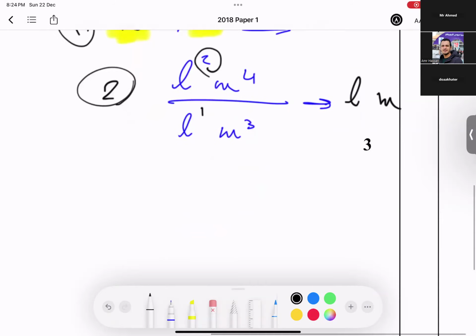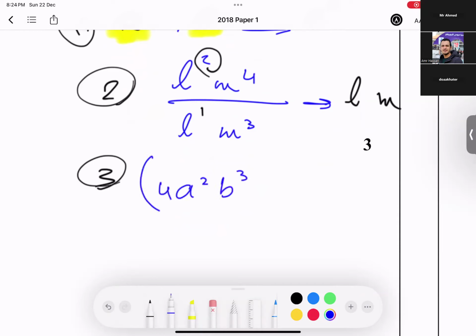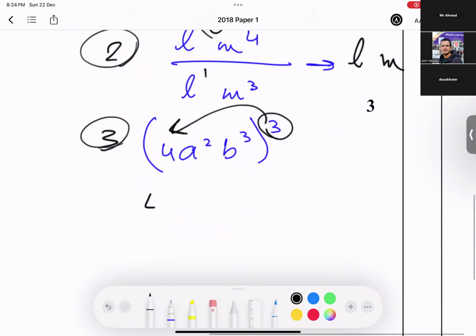So the last rule that we have: whenever we have only one bracket, for example, 4a squared b to the power 3 all to the power 3, what I want to do is remember that we need to distribute the power which is written outside the parentheses, right? So it's going to be 4 to the power 3, a to the power 6, b to the power 9, right? Did you get it?